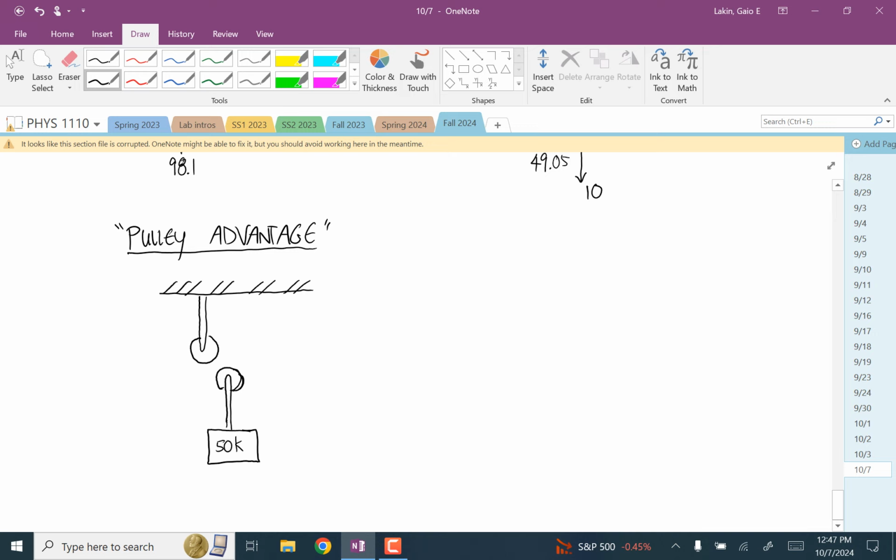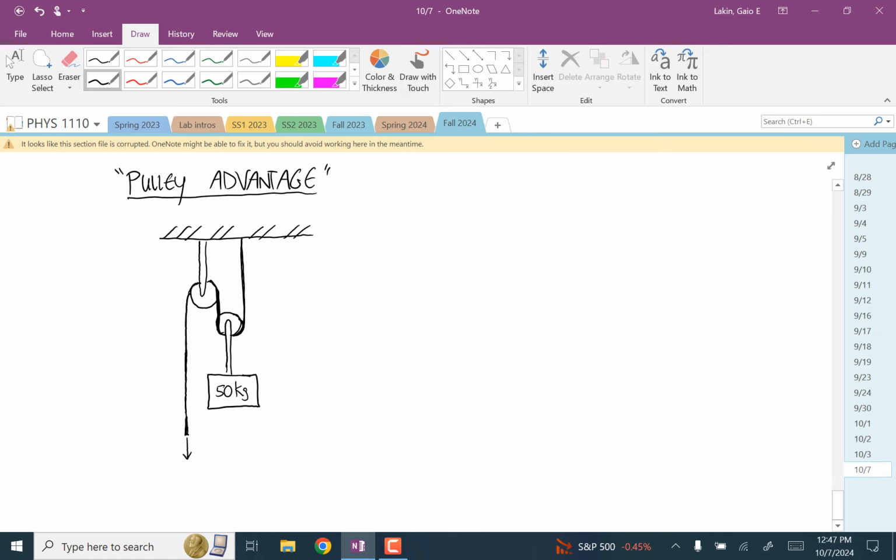Let's say this is 50 kilograms. And the cable that goes through these pulleys connects to the ceiling here, goes under this pulley, goes up over this pulley, and then is pulled like this, okay? So it's all one cable going around this whole thing.